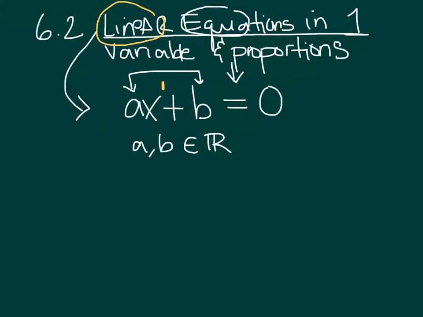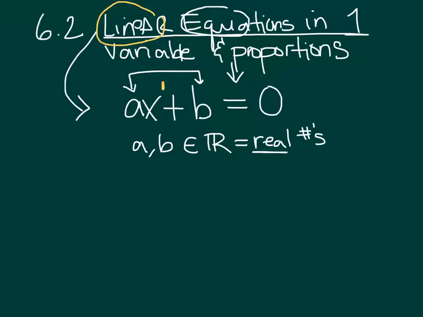Real numbers are all the numbers that we have been working with: the natural numbers, our whole numbers including 0, our integers, positive and negative, and then recently we worked with rational numbers, so fractional numbers. So when you see this sign, or if you don't want to write the sign, this means real numbers.